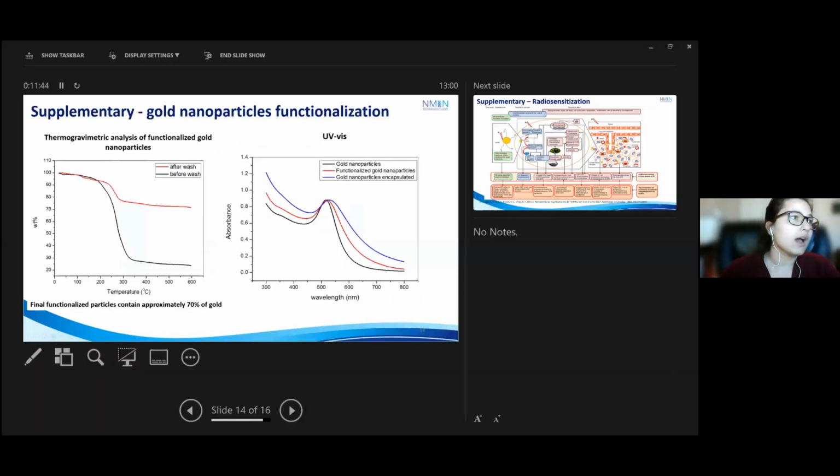After gold nanoparticle functionalization, I do thermogravimetric analysis to assess functionalization, because I have a process of functionalization that removes the unattached chains. So I check by TGA if the polymeric chains are removed from the system. Using this, you can see the broadening and a little bit of shift of the peak when the particles are functionalized and after that encapsulated.